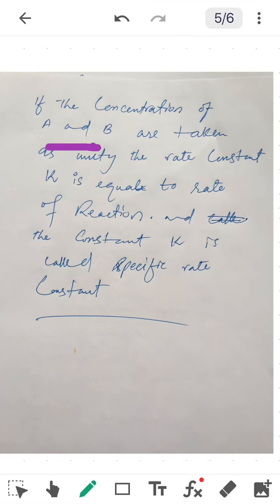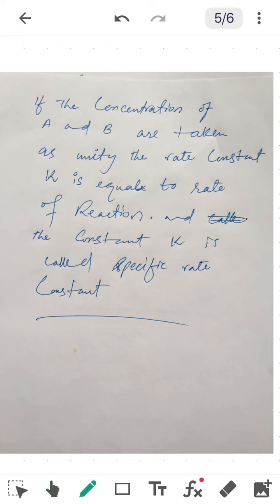If the concentrations of reactants A and B are taken as unity, the rate constant K is equal to the rate of reaction, and the constant K is called the specific rate constant.